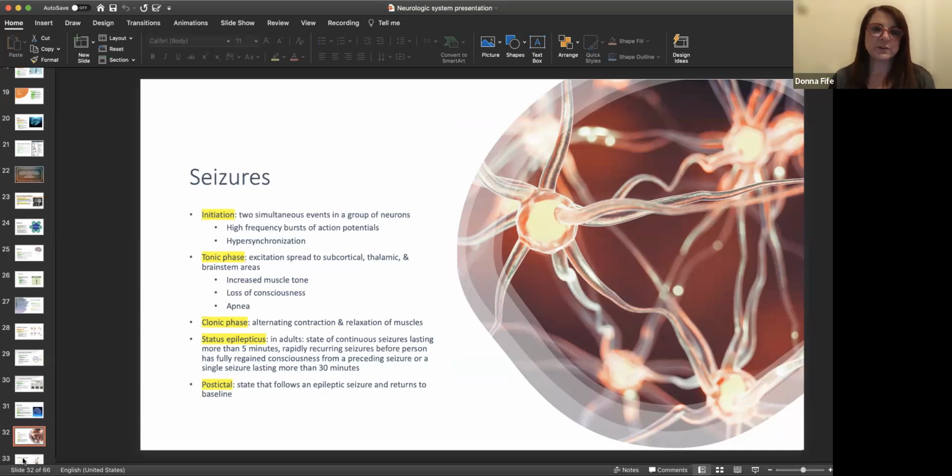Now, there's a condition called status epilepticus, and in adults, it's a state of continuous seizures lasting more than 5 minutes, rapidly recurring seizures before the person has fully regained consciousness from a preceding seizure, or a single seizure lasting more than 30 minutes. And now post-ictal, this is the state that follows an epileptic seizure and returns to baseline.